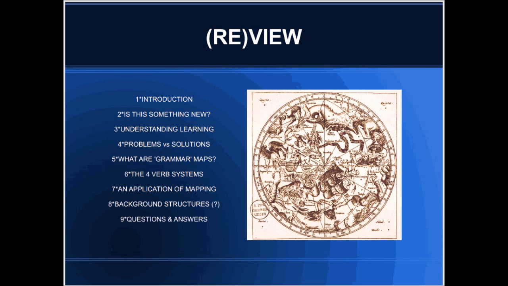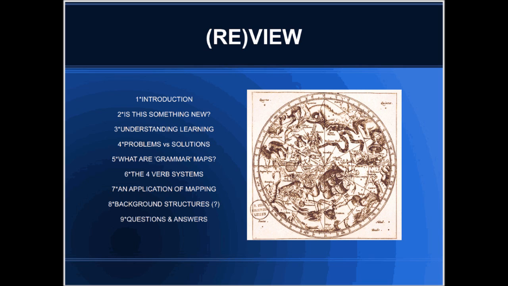We went through the basics of what are grammar maps. We looked at the 4 verb systems in the color charts and maps. We looked at applications of mapping, how to practically apply the information in a classroom setting.